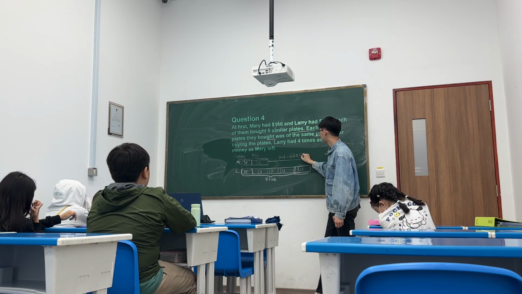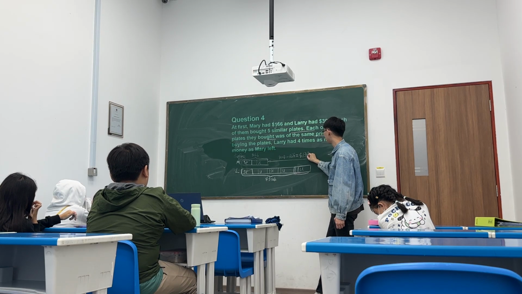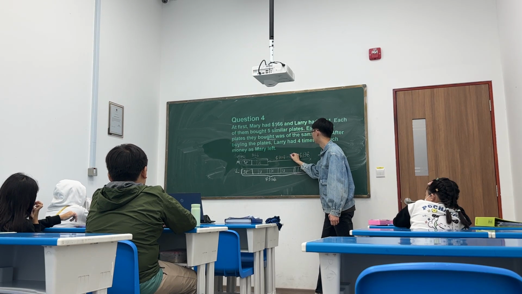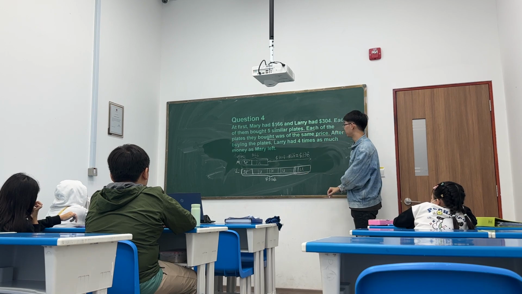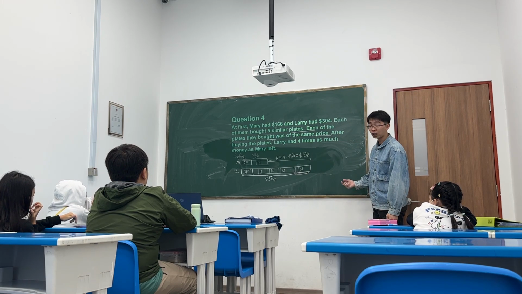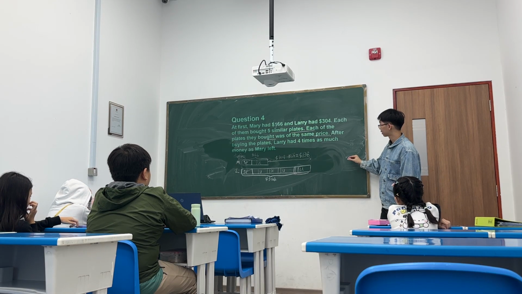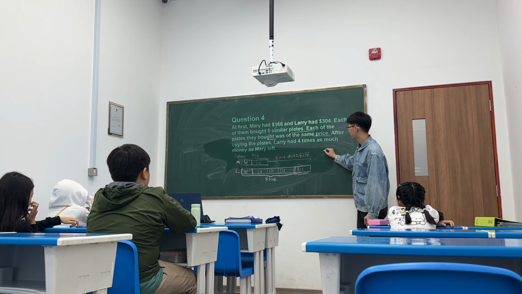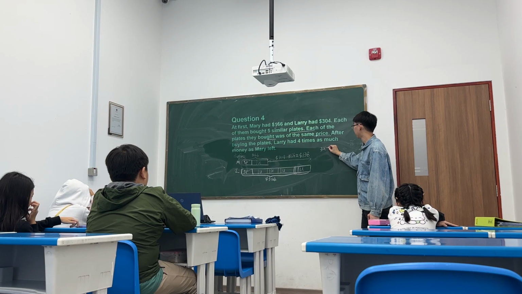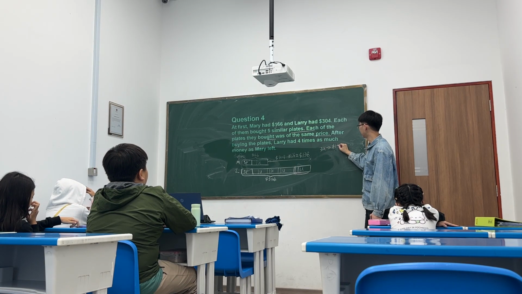This will give us $138. Oh, let me add a dollar sign. $138. Then how do we find out 1 unit? Excellent. So 3 units are equivalent to 138.